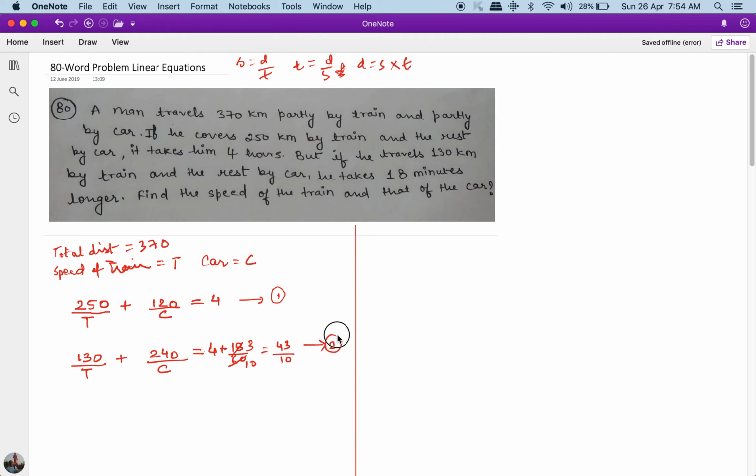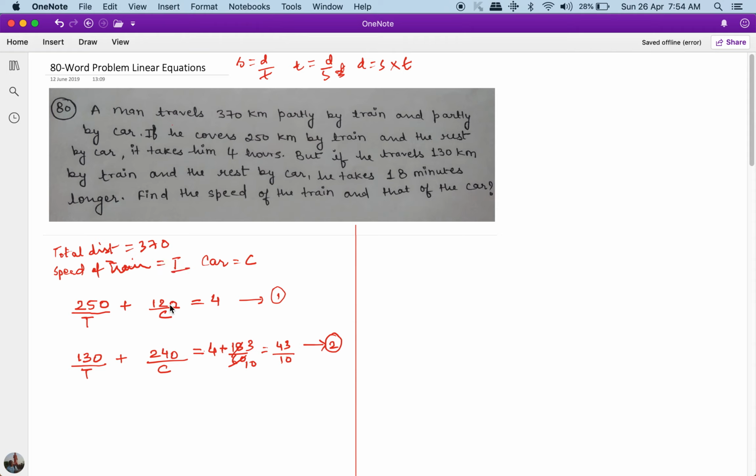I actually have to solve these two conditions. I'll repeat what I did here. I have to find the time spent in the train, that is distance traveled by time spent in the train is given here. Time is equal to distance upon speed. Distance is given 250 and the speed of the train we have assumed is t.